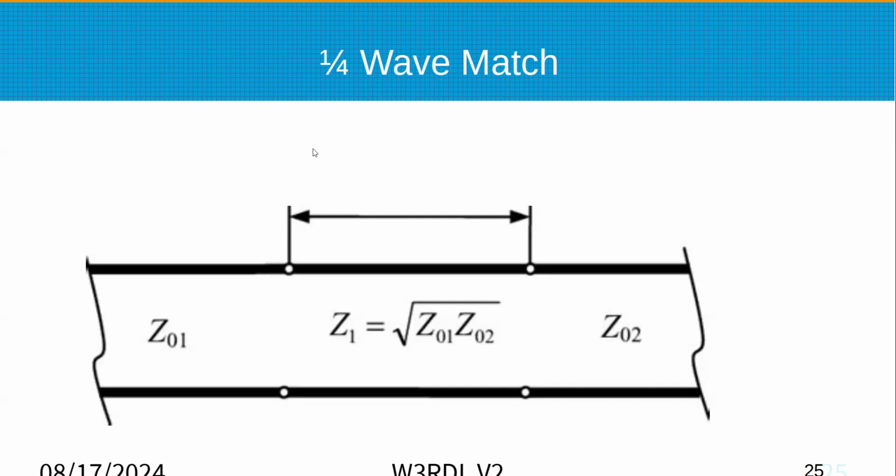Bob, we've covered a lot of different matching methods, but do any of these increase the bandwidth of an antenna? Or I should say, what is the relationship between bandwidth at a particular frequency and a match?